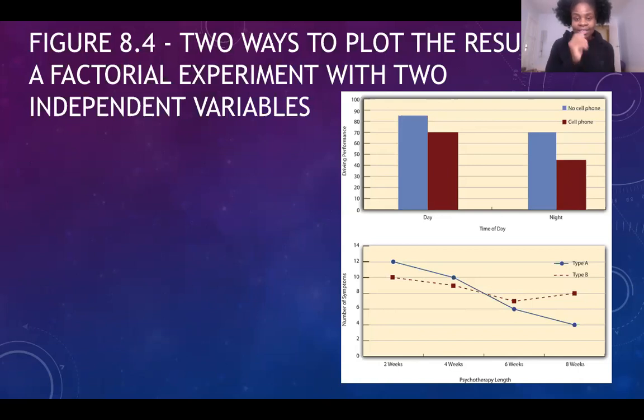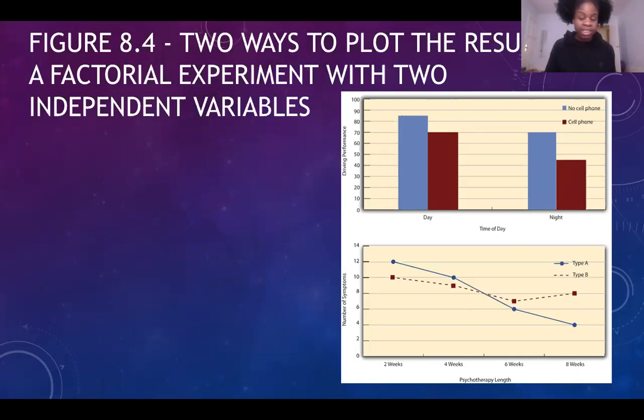Remember, the dependent variable is always set on the y-axis. It would be possible to represent cell phone use on the x-axis and time of day as different colors as well.